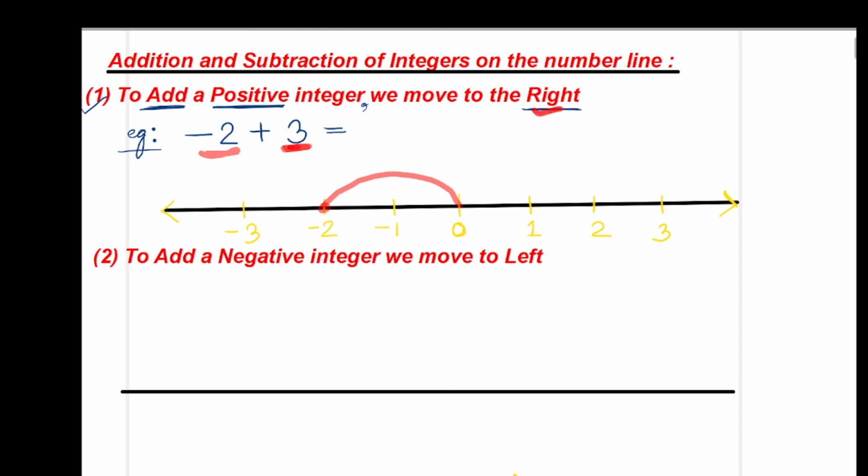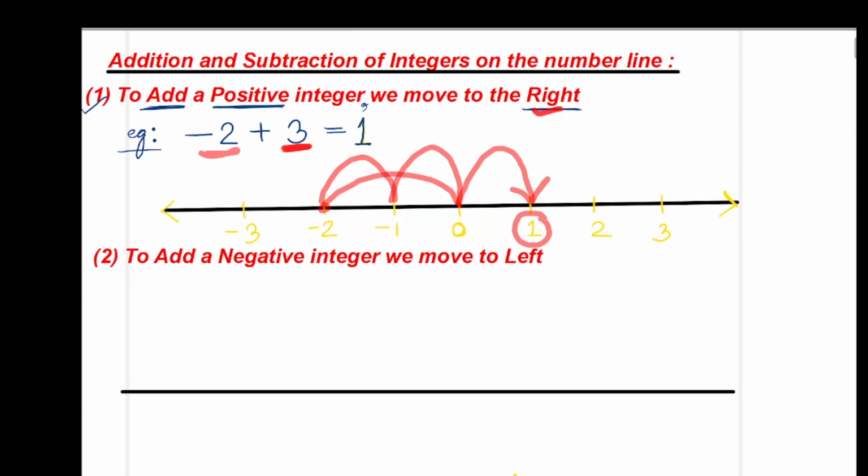How many steps? 3 steps: 1, 2, 3. After the third step, what number do we get? 1. So our answer will be 1. Understood?